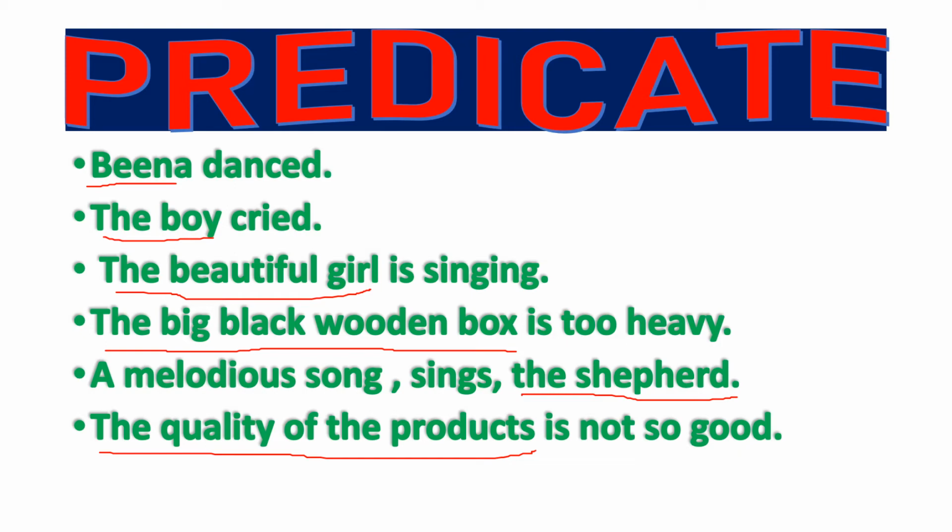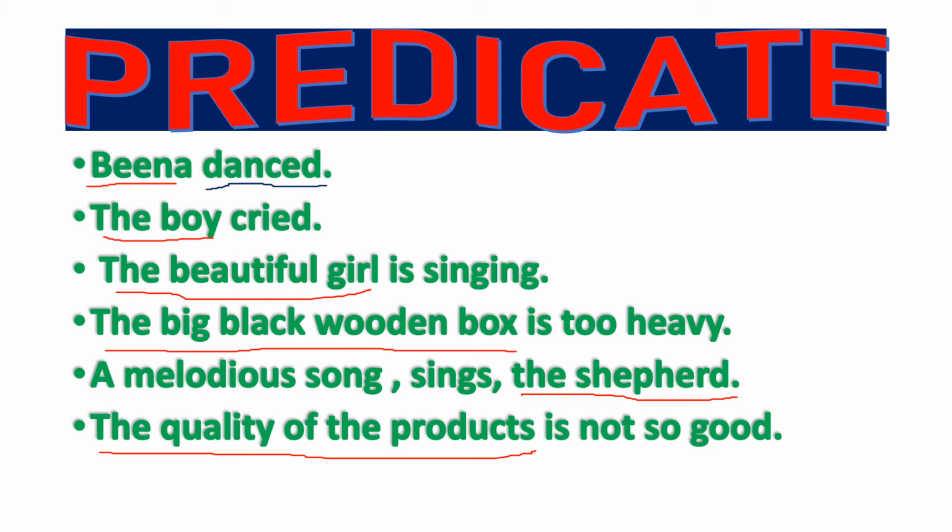For example, here we found out Beena is the subject of this sentence. Then what is the remaining portion of that sentence? Danced. So danced is the predicate of the first sentence.